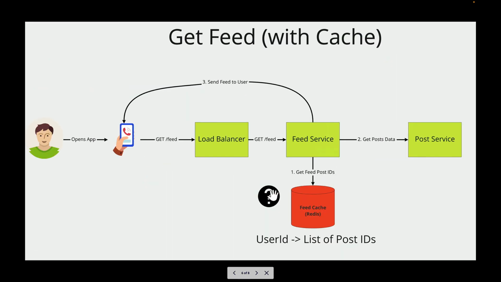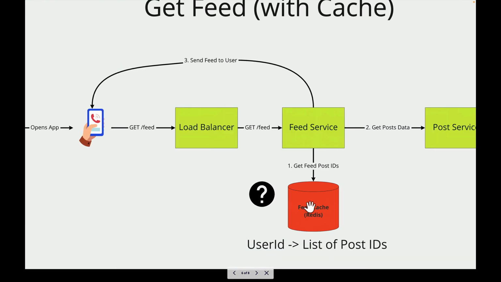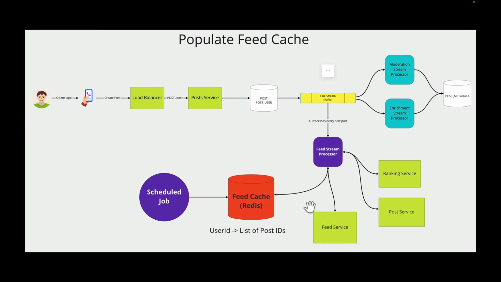This is the same cache that we were talking about over here. This way, the cache gets updated for every user whenever there is a new post that the user should see in their feed.